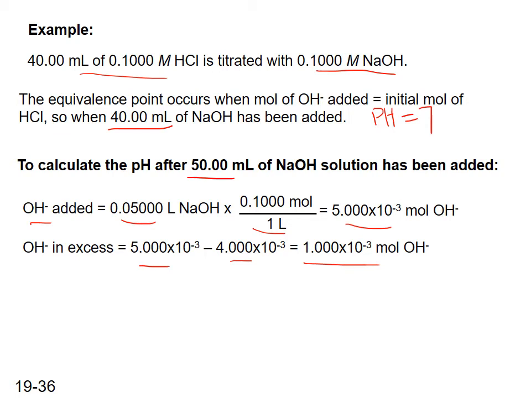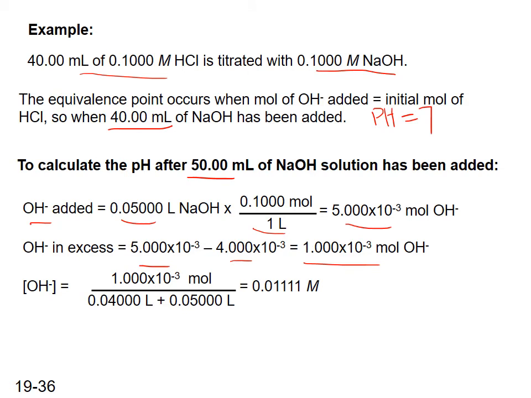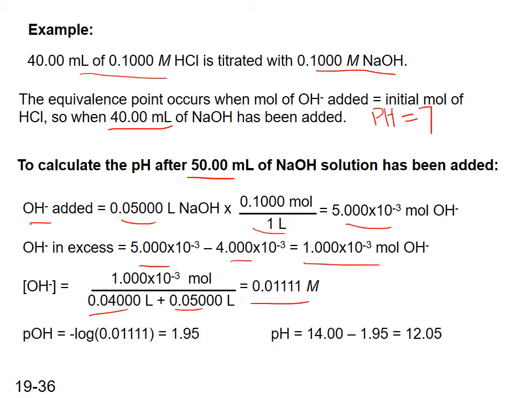To calculate the concentration, we use moles divided by the total volume, the volume of the acid plus the base added. This gives the excess hydroxide concentration, so we can calculate the pOH and then the pH. The pH is 12, and that's a basic solution, indicating it's after the equivalence point.